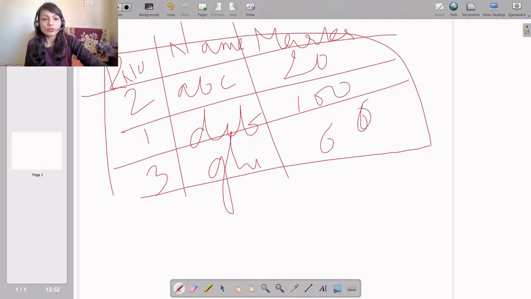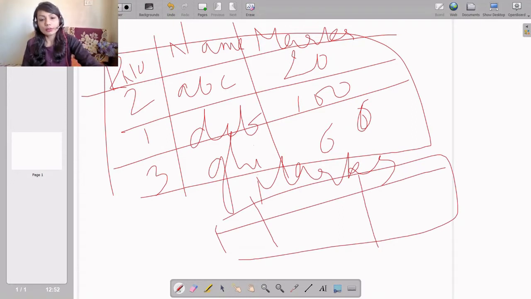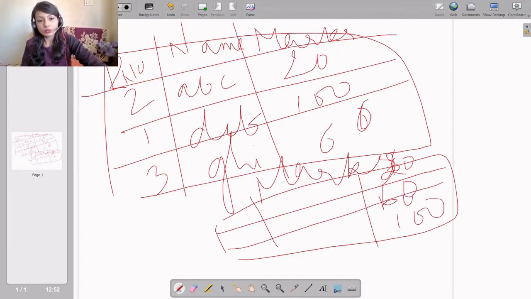So how to sort it? If the key is marks, you are sorting by marks. What will be the answer for this? In ascending order: 20, 60, then 100.